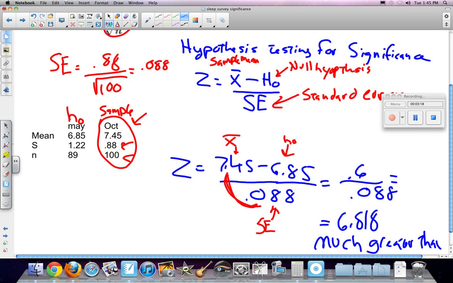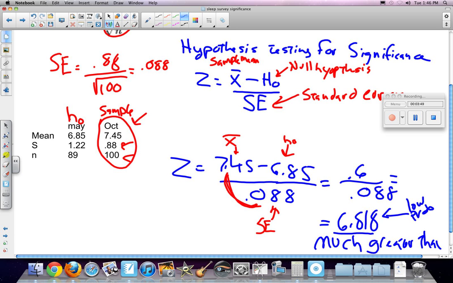So this is essentially a z-score, right? And we know that roughly two standard deviations, or 1.98, would be a big z-score. Well, 6.8 standard errors away from the mean is a very large z-score, and there is a very low probability of this being part of normal sampling error.